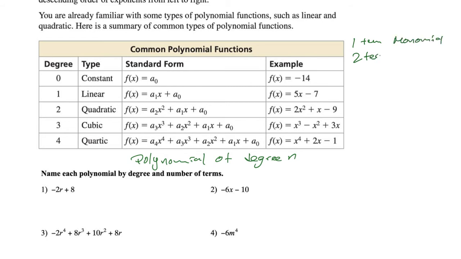If we have 2 terms, it's a binomial. If we have 3 terms, it's going to be a trinomial. And then if we have 4 or more, it's just going to be a polynomial of whatever number of terms it is.